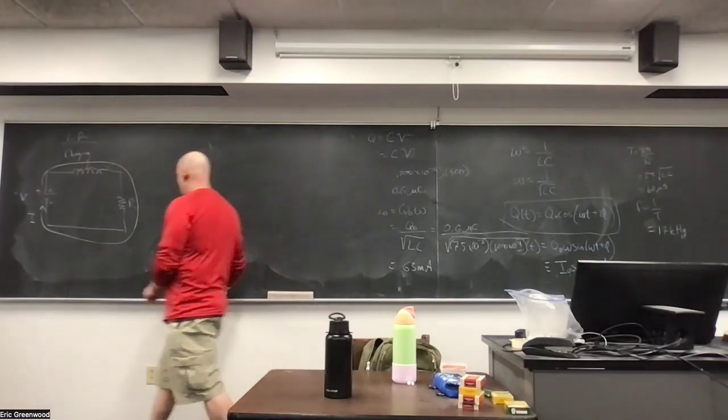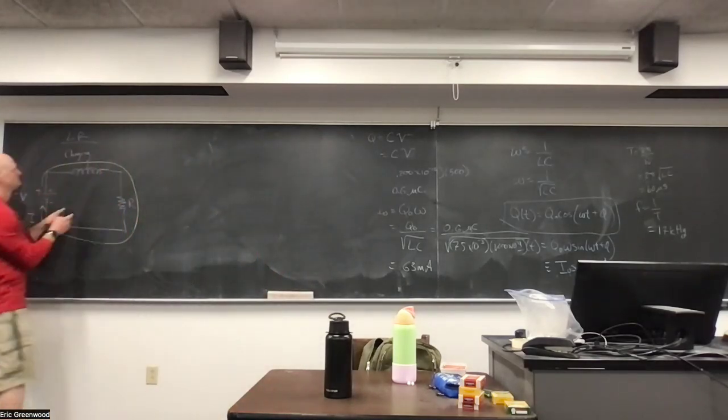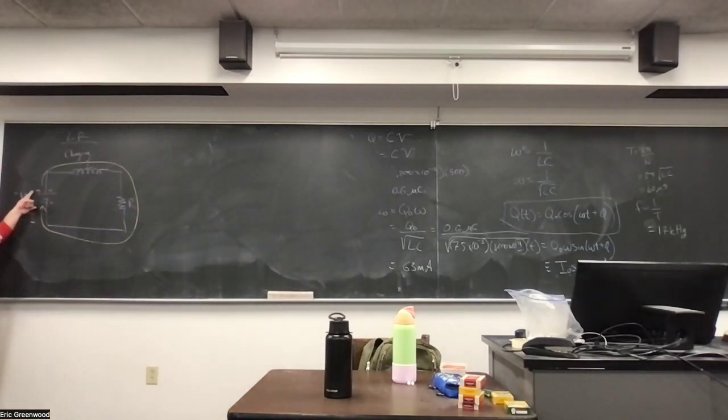Well, initially, we have no current running through the system. And then I turn it on. So now I'm going to get current, which is building up. This guy's going to cause it to build up slowly. And then eventually, when the current becomes maximum, this thing is going to act just like a straight wire. You guys okay with this?